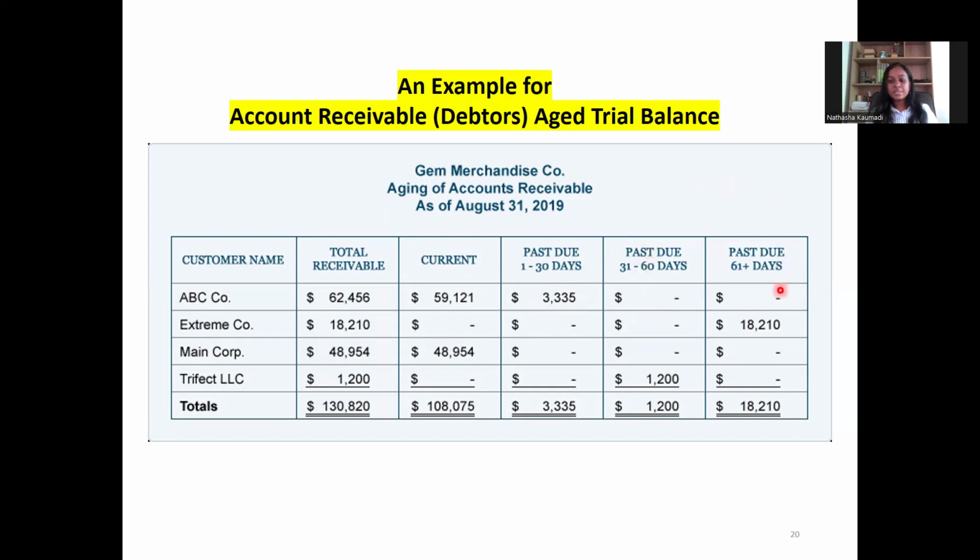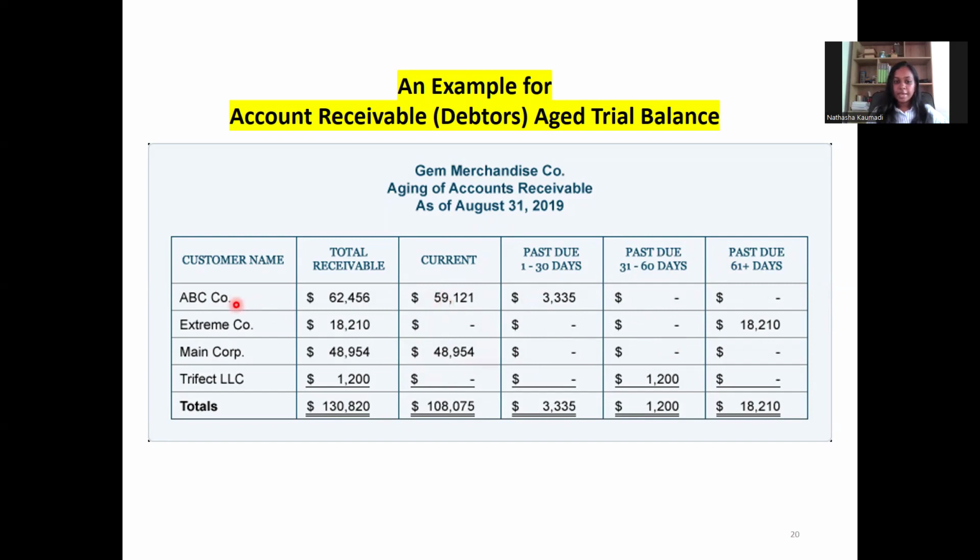It goes to the next bucket, 61 plus days due, that means more than 3 months due. Likewise, you have different buckets. Based on the date of the sales and the given credit period, those balances will change based on the bucket, right?